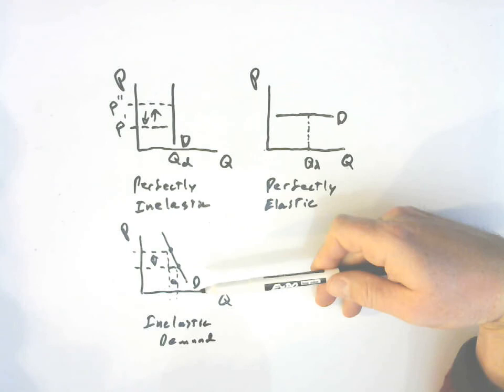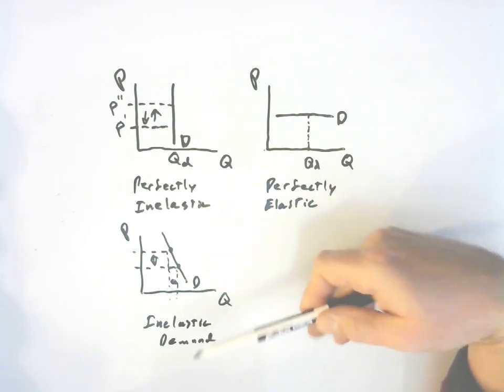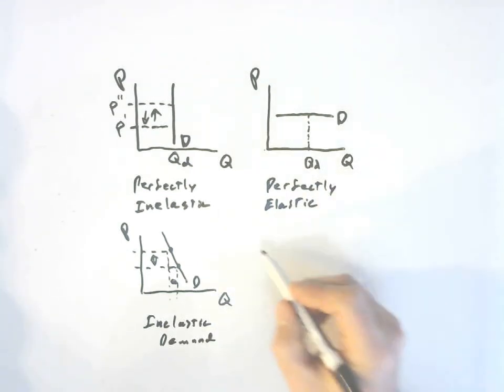If the price of gasoline rises, you will use less of it. You'll go to the store less frequently. You'll go on fewer vacations. But the bottom line is you need to put gas in the tank in order to get to work. So you're going to be relatively insensitive to a change in the price of the product. That would be an inelastic demand.